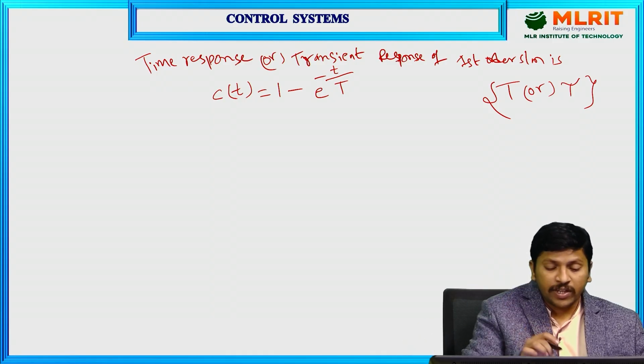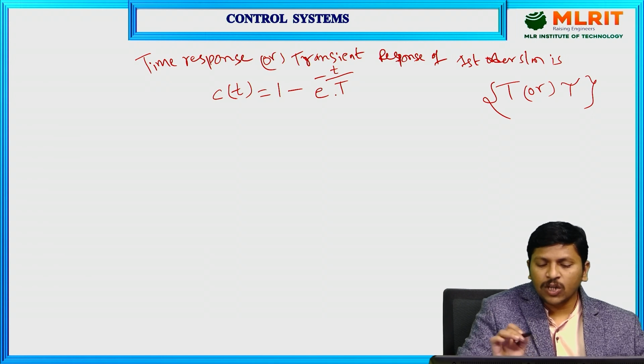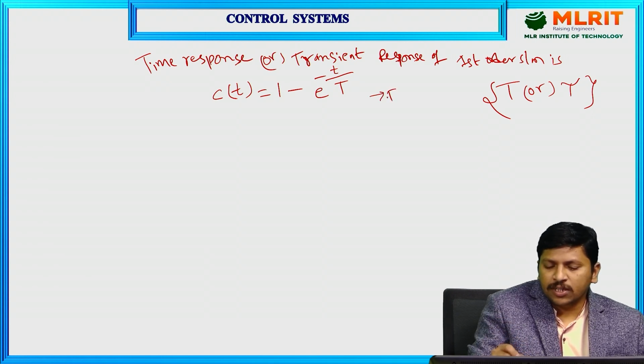Here C of T equals 1 minus e power of minus T by T for the unit step input.